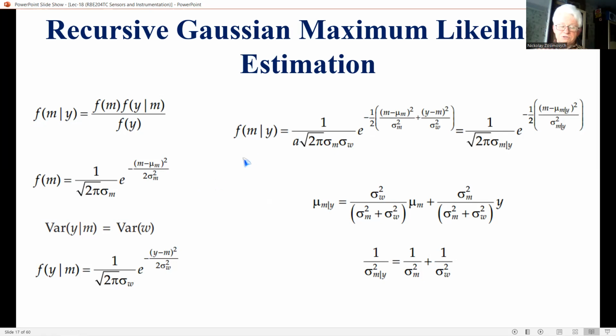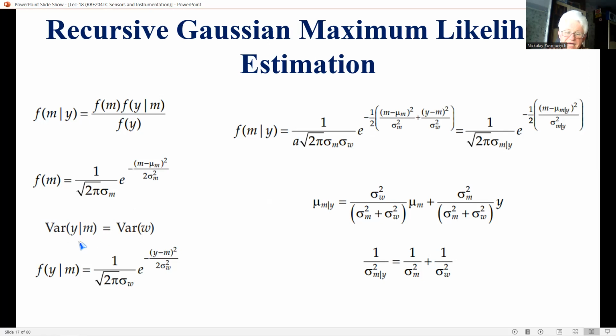Normal or Gaussian PDF, as you may see on the second equation here, for f of y when m is given, and the randomness in y comes only from the measurement error w. And hence, the variance of y when m equals simply the variance of w.